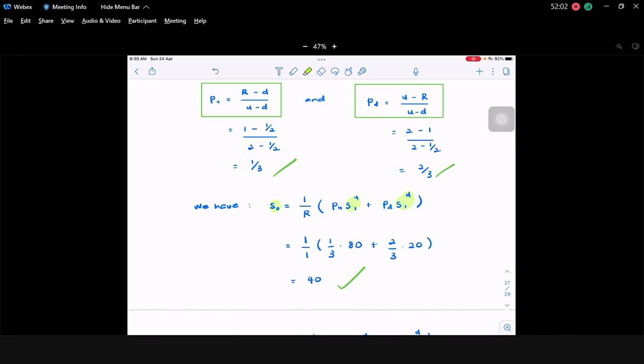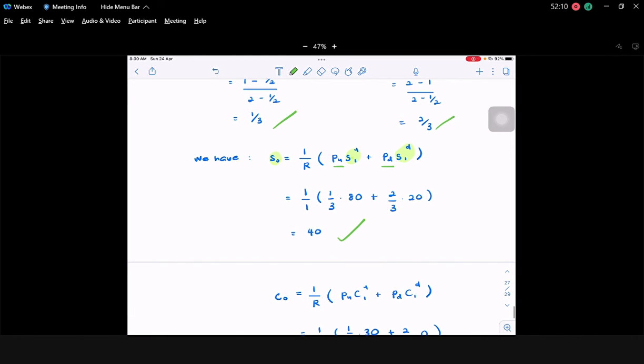Cuma dekat sini kita nak find probability upstate dan juga probability downstate. Kan? So bila kita formulate balik, kita akan dapat exactly S0 equal to 40. So maksudnya kita tahulah PU dan PD ini adalah probability yang kita cari, sebab kita akan dapat S not seperti yang diberi pada awal tadi. Okay, so S not equal to 40.